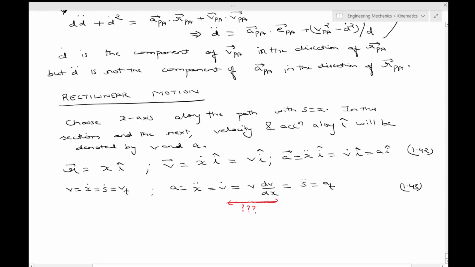Let's say, and this is somewhat of a clarification, that the speed and magnitude of acceleration are not v and a, but |v| and |a|.